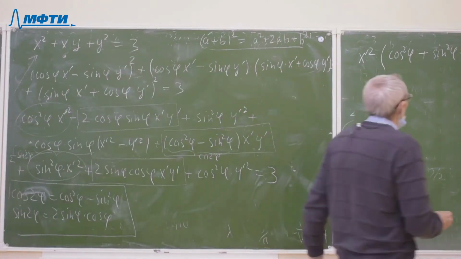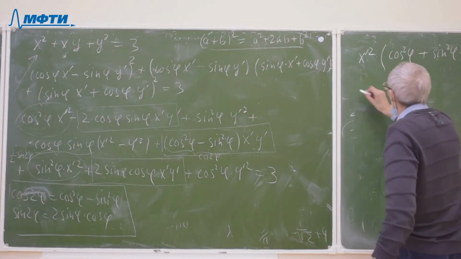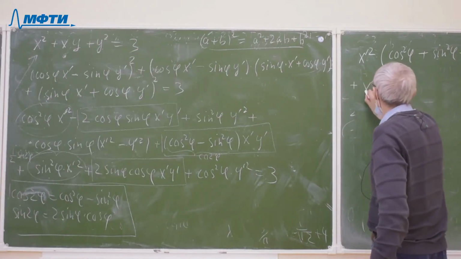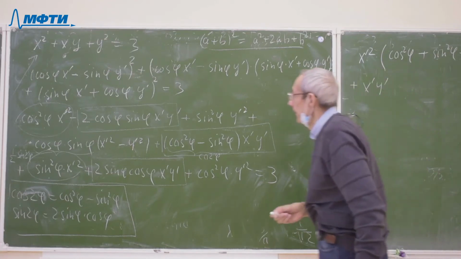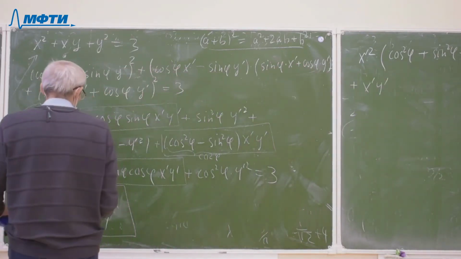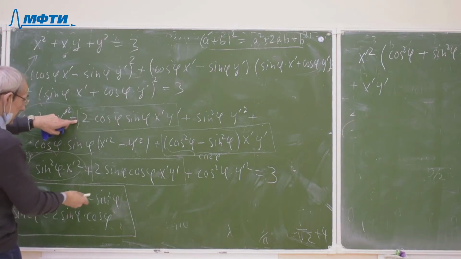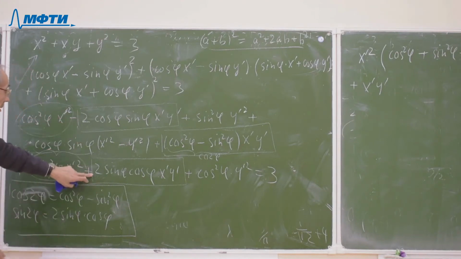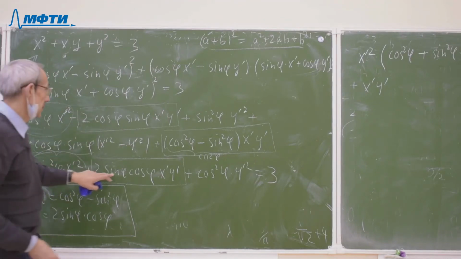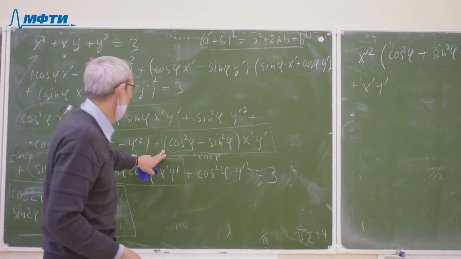Okay. The first term, x prime y prime. This and this we can subtract from this expression, and we obtain only this.